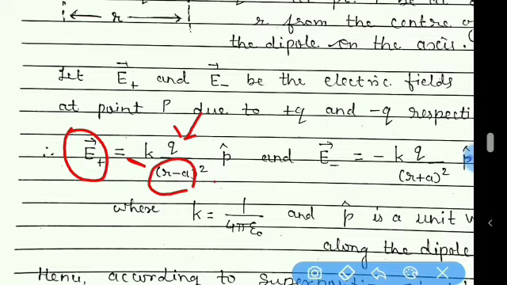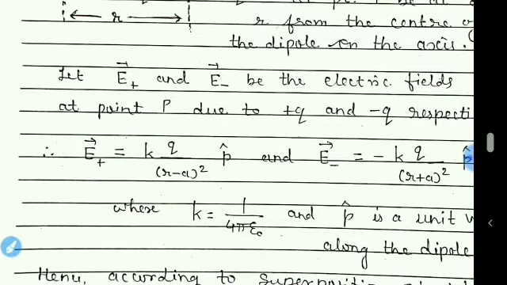We have already studied the formula for electric field. Here the distance of the positive charge is r minus a.